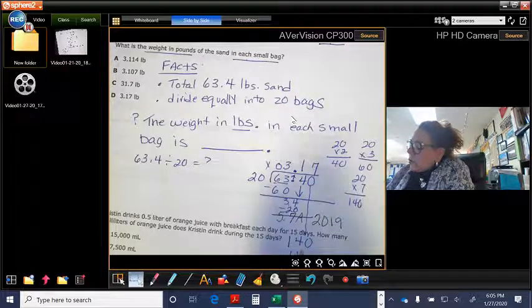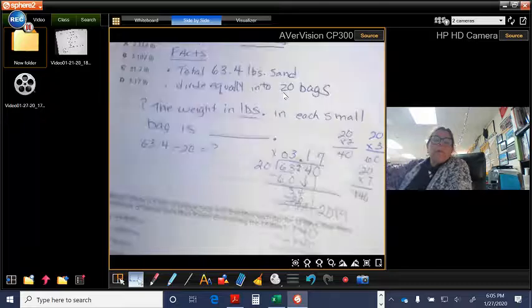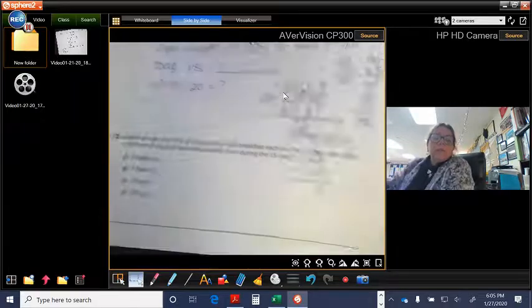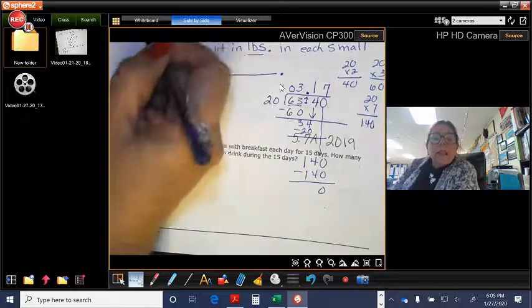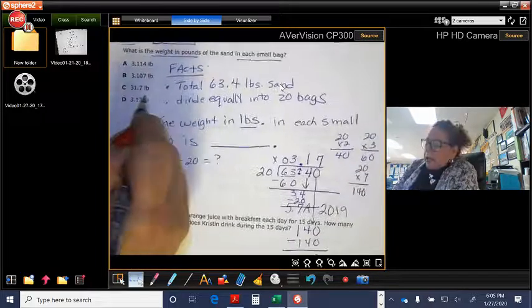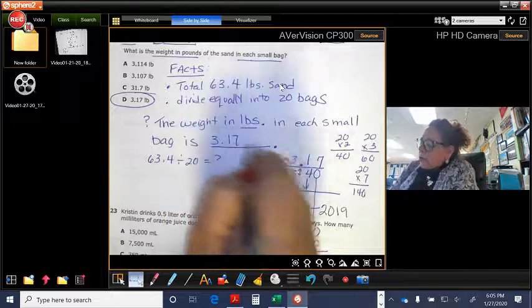So it's 140, and I zero that out. Can you see that part? Let me move this screen down just a bit. So the answer is going to be 3 17/100 pounds. So I'm going to circle this one right here. And each bag weighs 3 17/100 pounds.